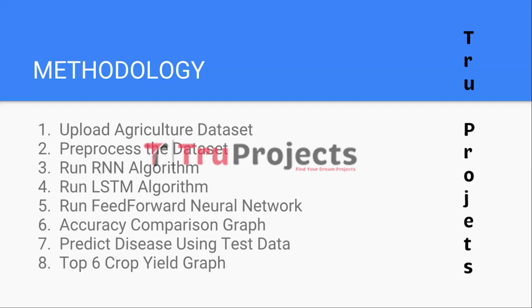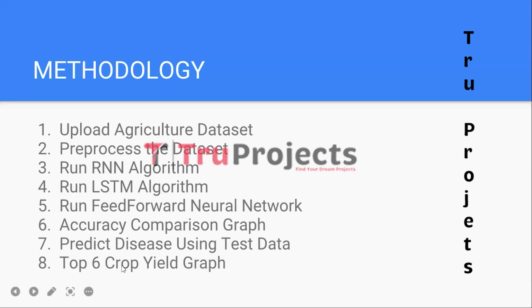In this graph, we plot the algorithms we used with the values assigned to them. And the seventh module is predict disease using the test data. In this module, we implement the pre-processing functions to handle the missing data, feature selection, and normalization for the disease dataset, and give data for detecting the disease for the crop.